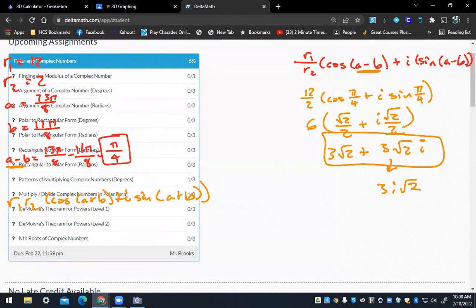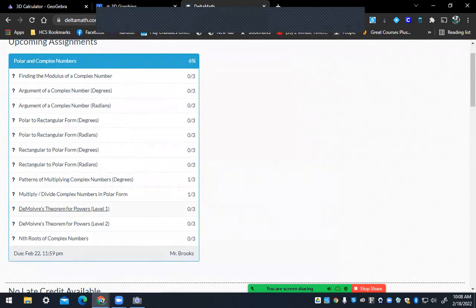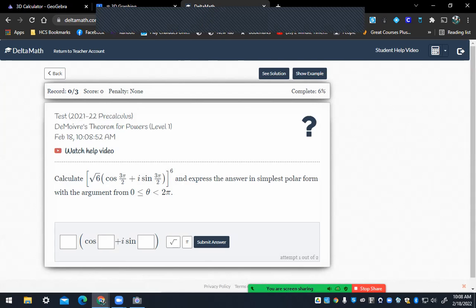All right, last thing I want to cover today: DeMoivre's theorem. So many people get this guy's name wrong. They say D-M's theorem.